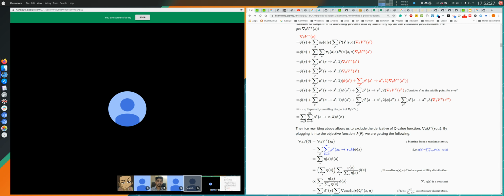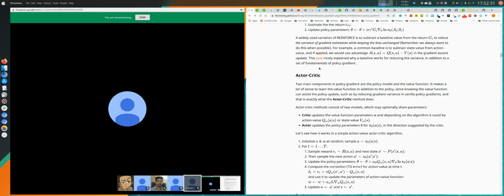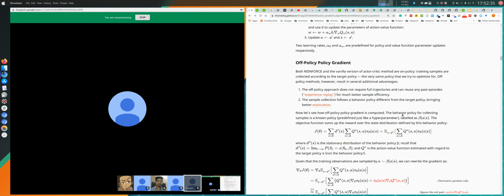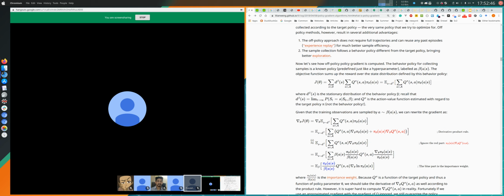Very brilliant. She works at OpenAI, I think, on the robotics team. Oh, okay. My bad. So she wrote this excellent piece, a survey on all of the major policy gradient methods, and her derivation on the off-policy gradient becomes different.